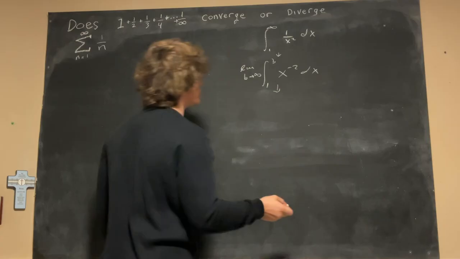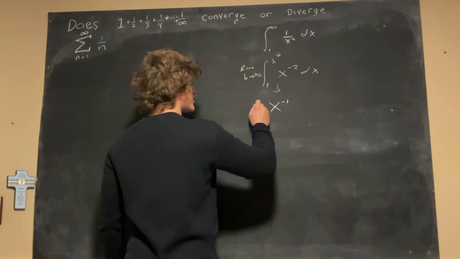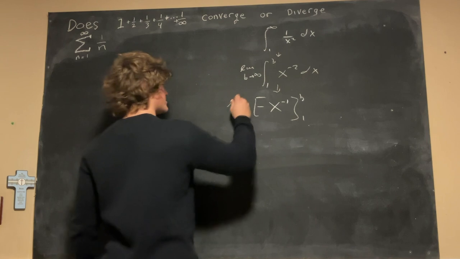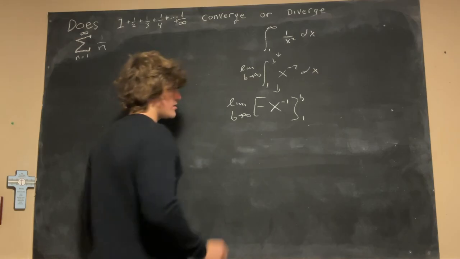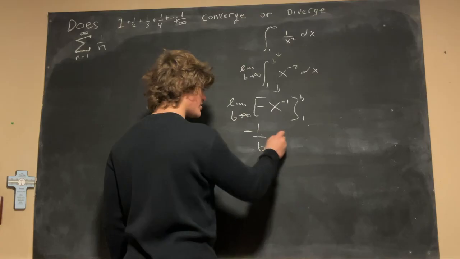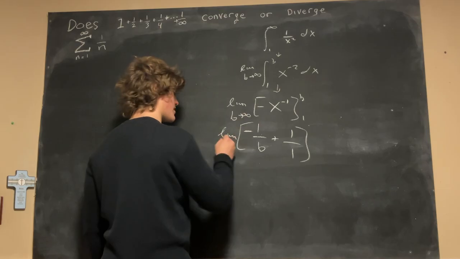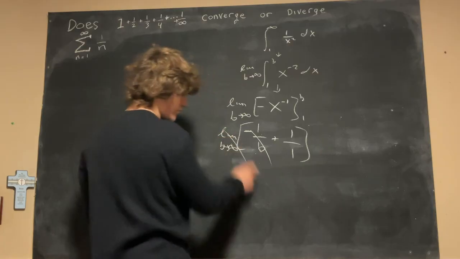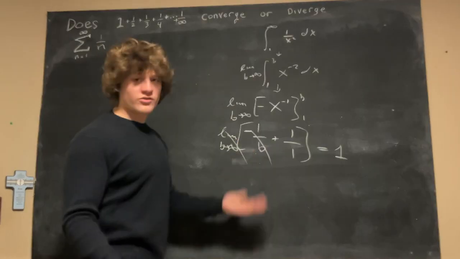This goes to x to the negative 1 times negative 1, evaluated from 1 to b, and then the limit as b approaches infinity. So this is negative 1 over b plus 1 over 1, and as b approaches infinity, that first term goes to 0 and goes away. This is equal to 1. So we would say that this integral converges.